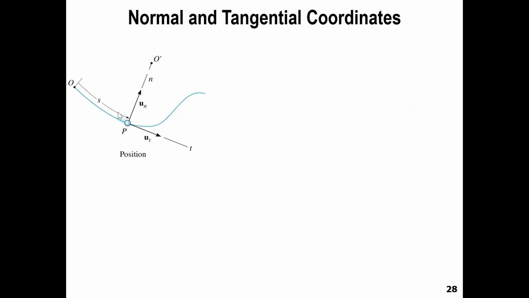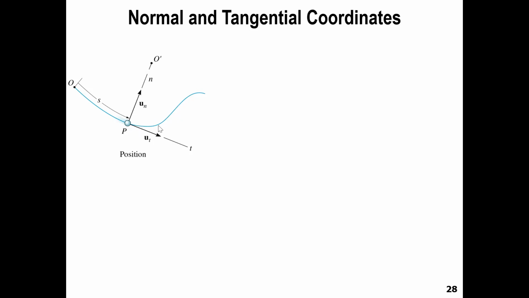So that's a good way to address the position. Now, the unit vectors: instead of i, j, k, you have a unit vector tangent to the path at any time and normal to the path at any time. Obviously, unlike i, j, and k, these are not constant unit vectors because, for example, when P is here, UT is in this direction, but when P is here, UT is in that direction.